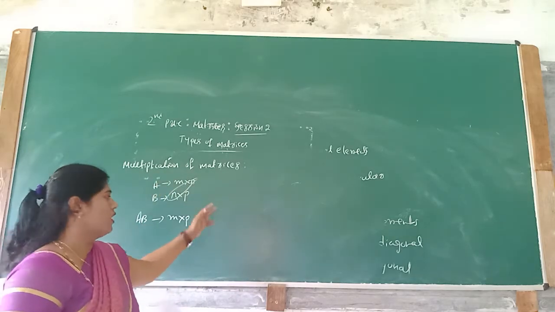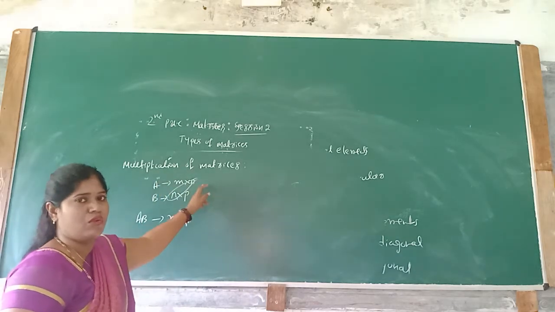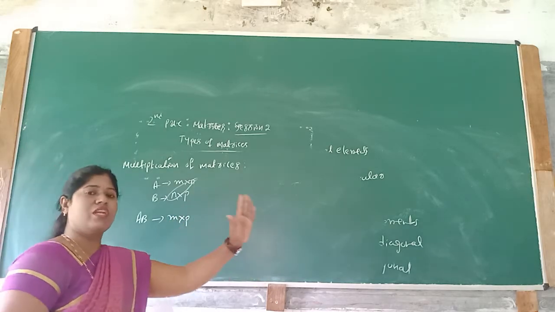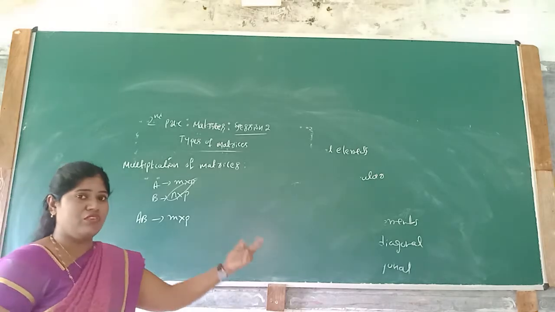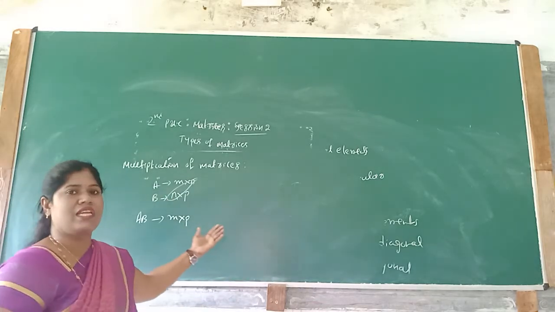While doing the problems, this is very important. Without knowing this, students will directly solve the problems. Though we have to get this AB, it should be defined. Then only it is going to be satisfied.